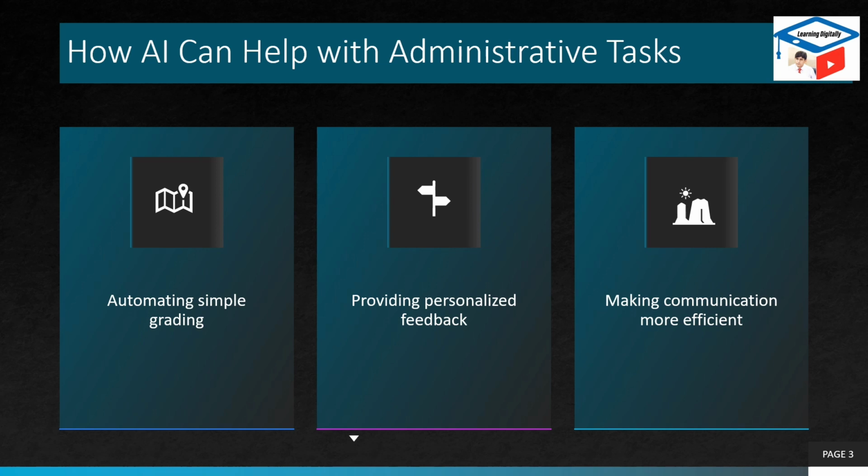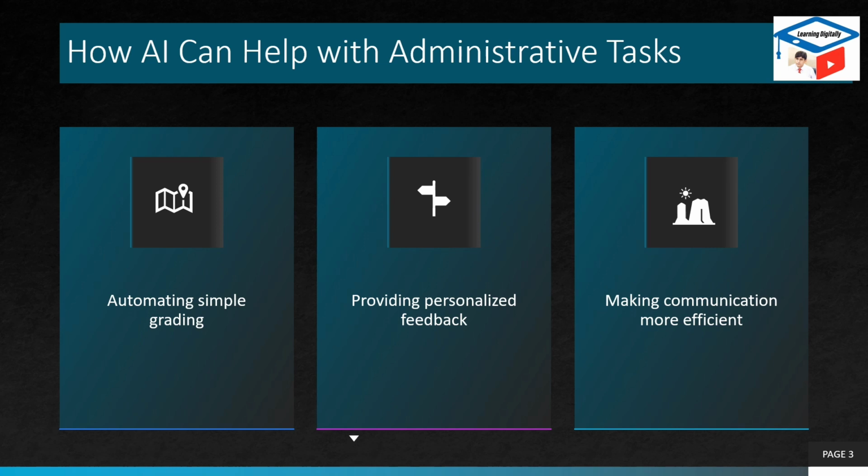Artificial intelligence can automate the grading process by analyzing student responses and providing accurate and consistent feedback. For example, checking a student's essay for spelling or grammatical mistakes. This can save you time and effort on grading, allowing you to focus on teaching and supporting student learning.